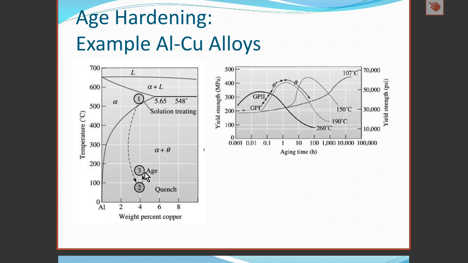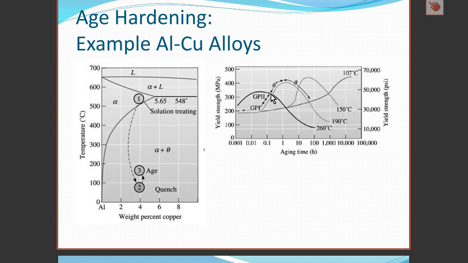Here we see how the yield strength develops with aging time for different aging temperatures. At high temperatures, we see the aging occurs pretty rapidly, here in just a few minutes at 260 degrees centigrade.